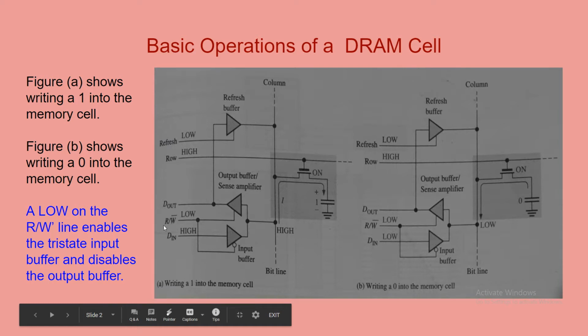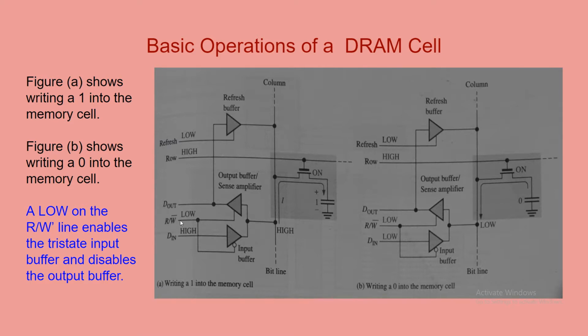This is the read-write line. In order to write a binary bit into this cell, this line should be low. When this line is low, it enables this input buffer. At the same time, it disables this output buffer.